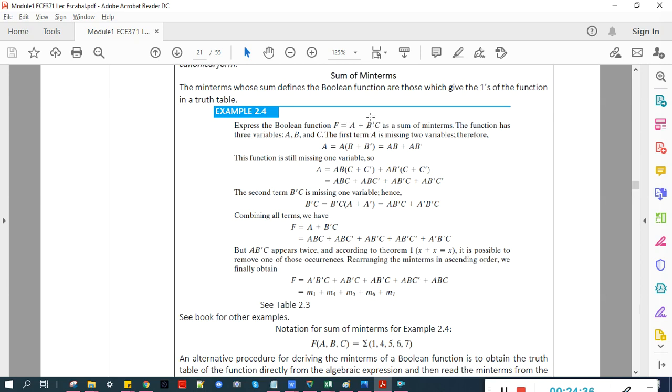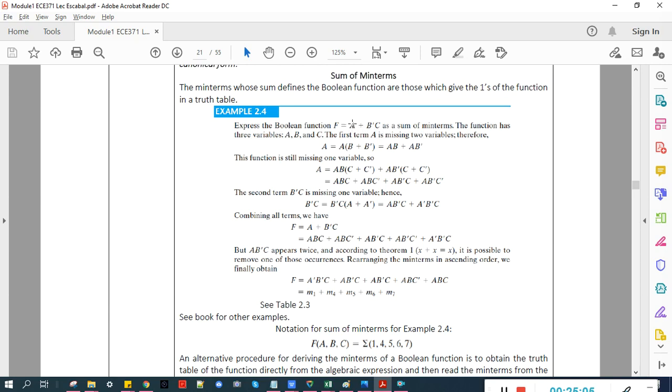How do we know that they are not mean terms? Because we know that the inputs are a, b, and c. We have 3 inputs, therefore we expect that the variables in the mean term should contain all 3, a, b, and c. The function has 3 variables, a, b, and c. The first term a is missing 2 variables.